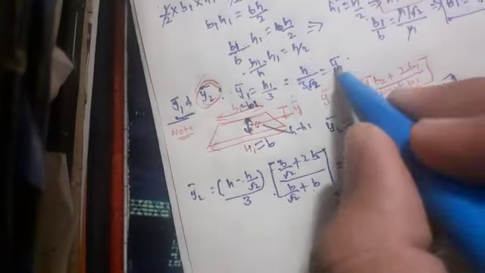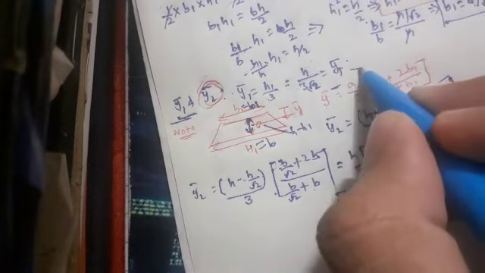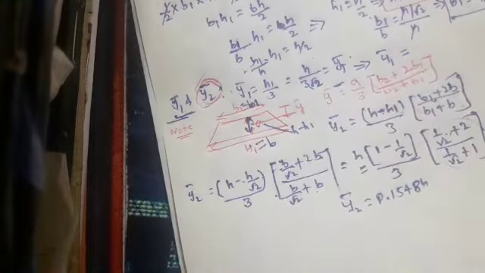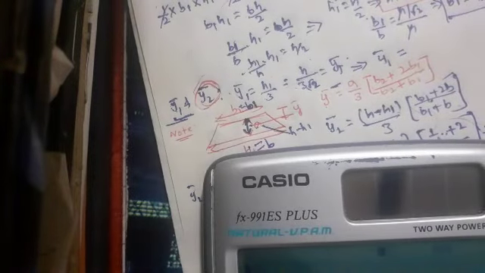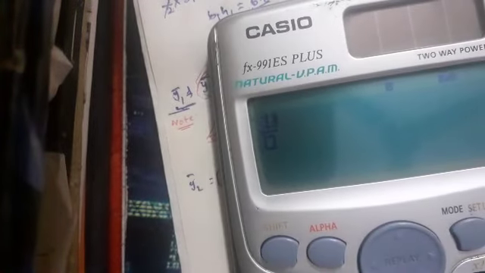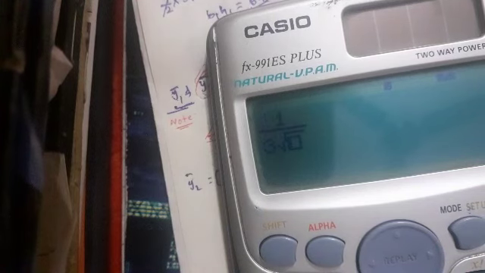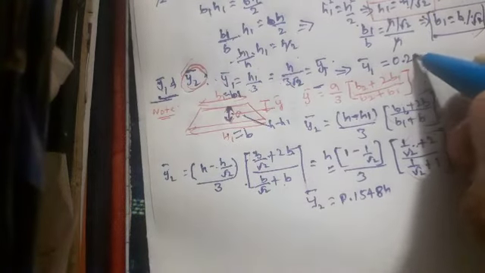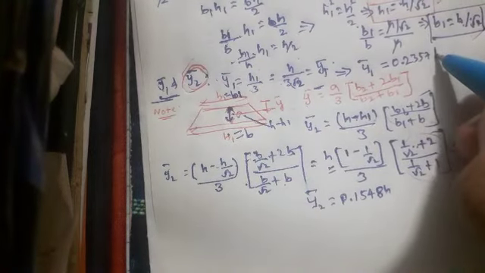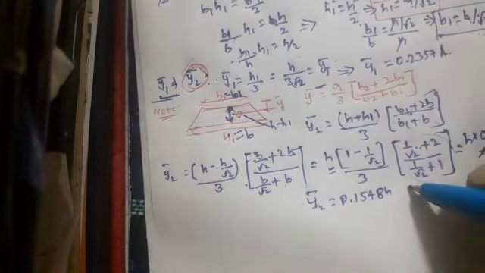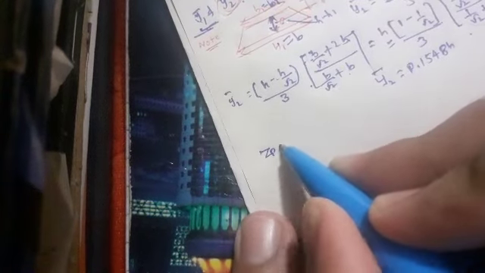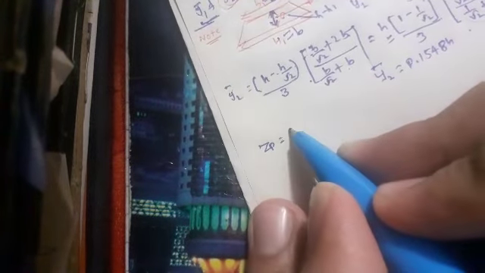Similarly, I have y1 bar, so this also I'll substitute. Y1 bar is equal to h by 3 root 2, that is 1 by 3 root 2, which is 0.2357 h. So I got both in terms of h. Now I can find Zp directly. Zp is equal to A by 2.